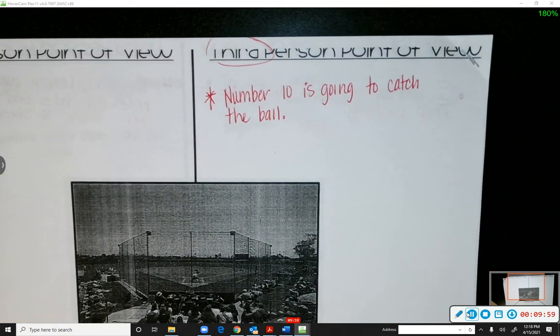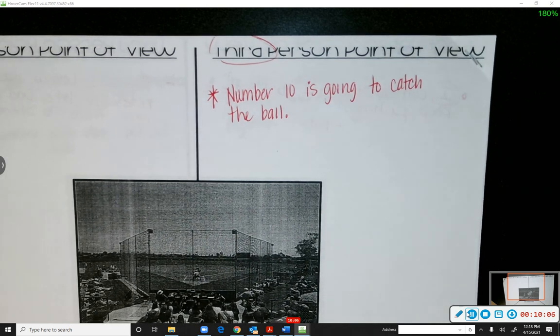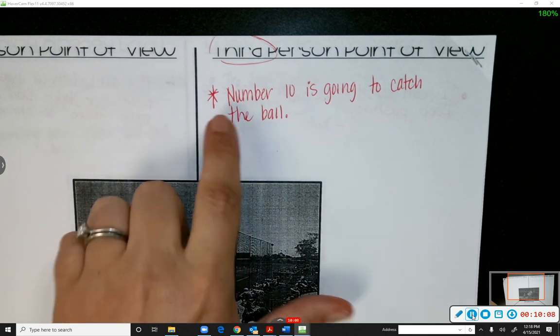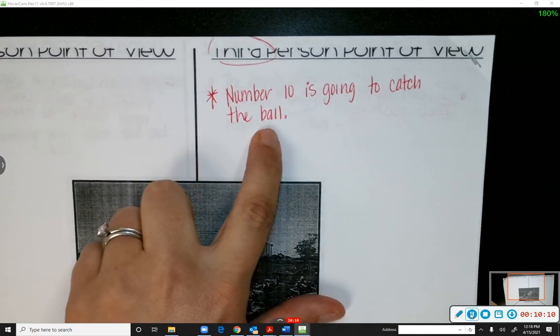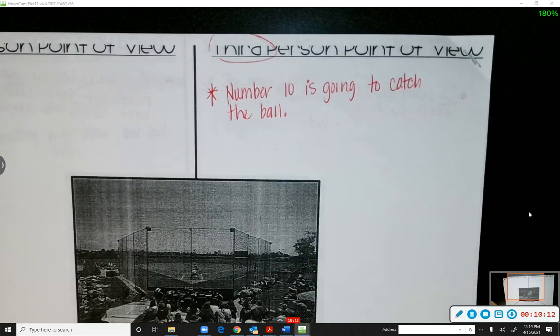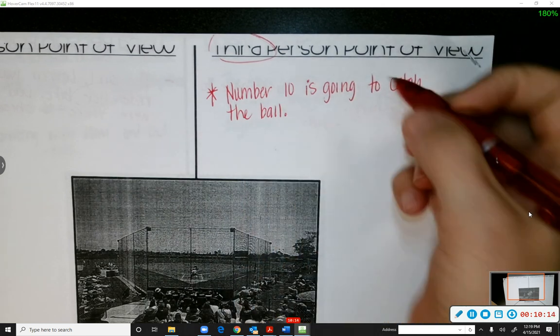Number 10 is going to catch the ball and hitting a home run? That's what your sentence was? Okay, yeah, this part's good. Number 10 is going to catch the ball.